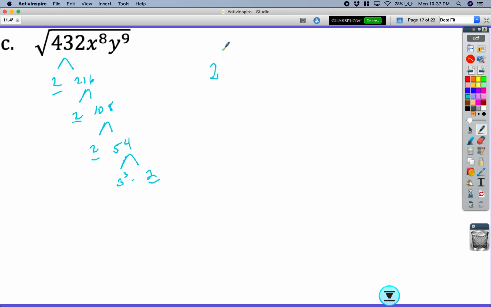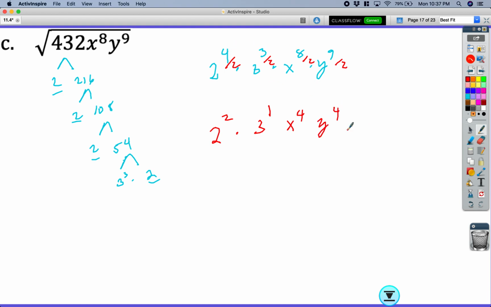So this is 2 to the fourth power times 3 to the third times x to the eighth times y to the ninth. All right, so now remember Tiana's method, what she wanted us to do is she said, let's go ahead and I look at my root. And the root is just a square root, so I divide all these by 2. So this would give me 2 to the second times 3 to the first times x to the fourth and y to the fourth.